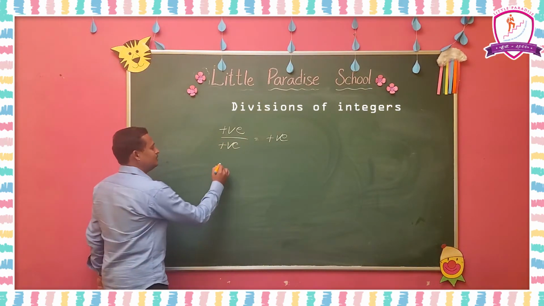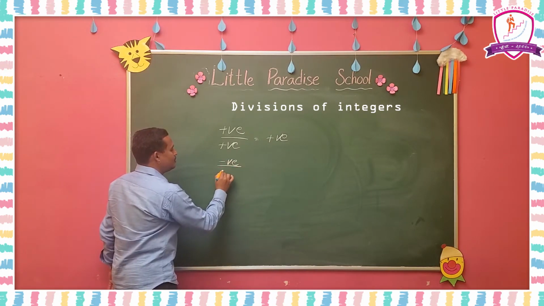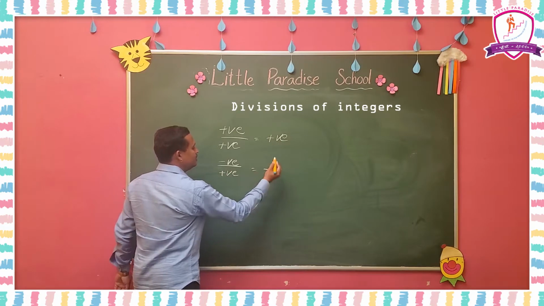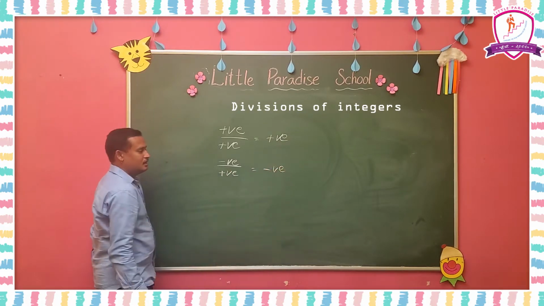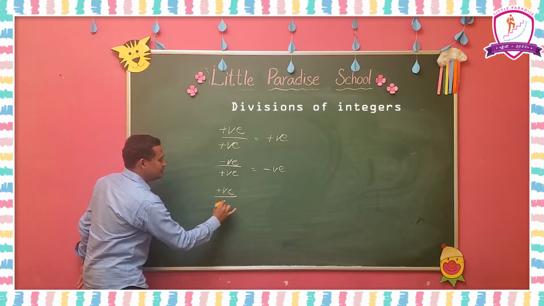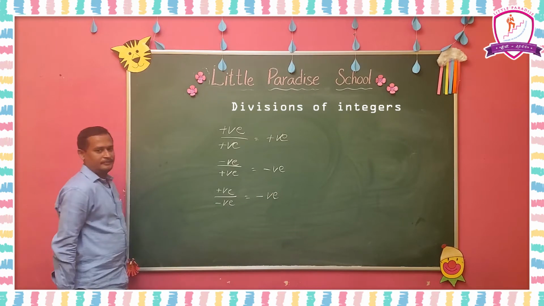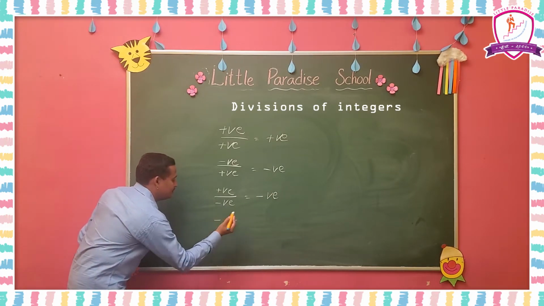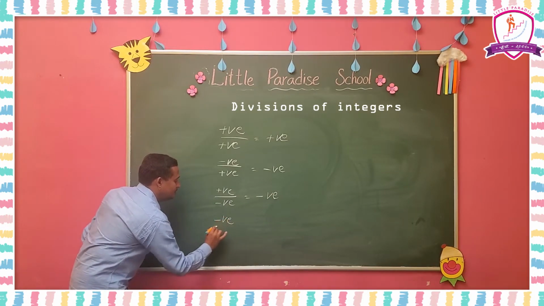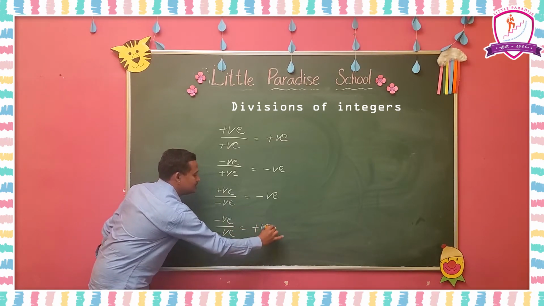When we divide a negative integer by a positive integer, we get a negative integer as the answer. When we divide a positive integer by a negative integer, we again get a negative integer as the answer. When we divide a negative integer by a negative integer, we get a positive integer as the answer.